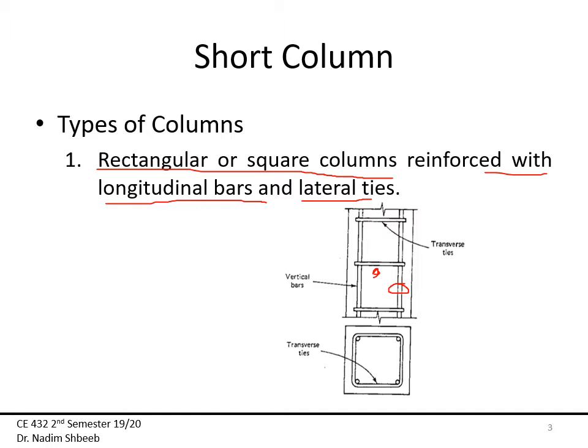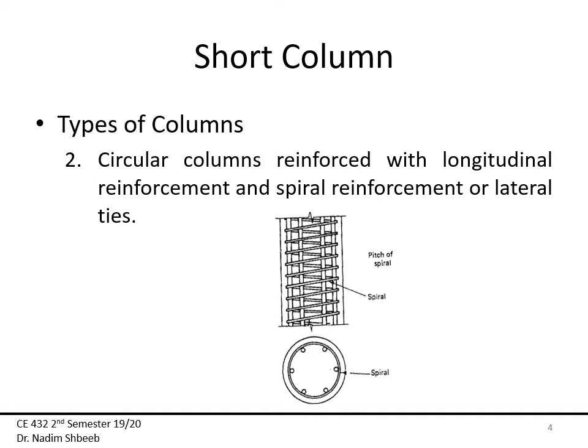If I look at the column from the top, this is my cross section, so these are again my transverse ties. The other type is what we call circular columns, and that's reinforced with longitudinal reinforcement and what we call spiral reinforcement or lateral ties.